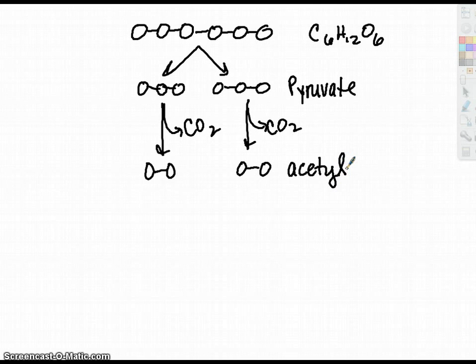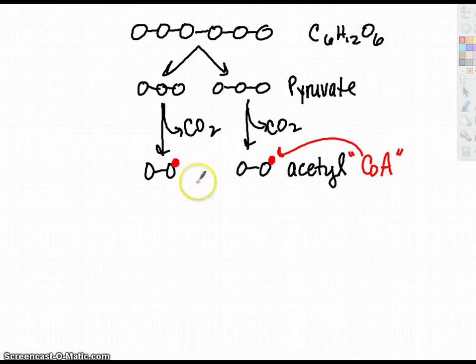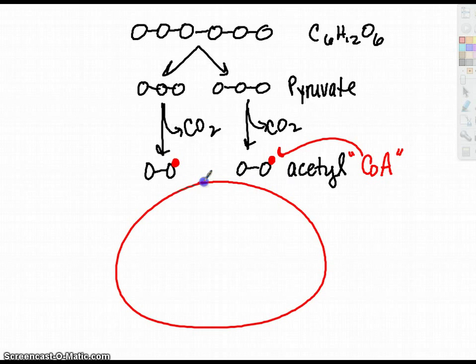Just like this was glucose, and this is called pyruvate, this is called an acetyl. But in the same step, a little coenzyme called A attaches to it, and so the whole thing ends up being called acetyl coenzyme A. And now this is what's going to feed into our next step, which is the last step we're going to talk about today, the Krebs cycle.